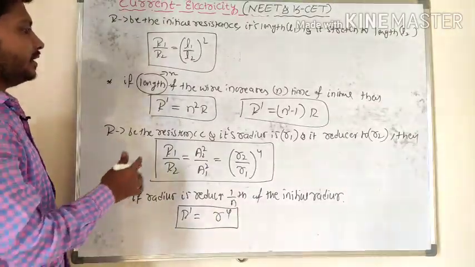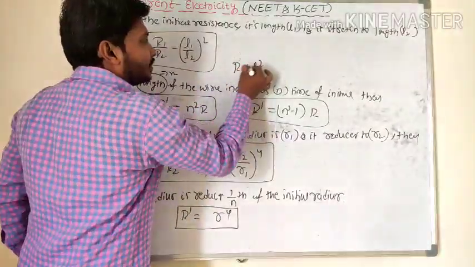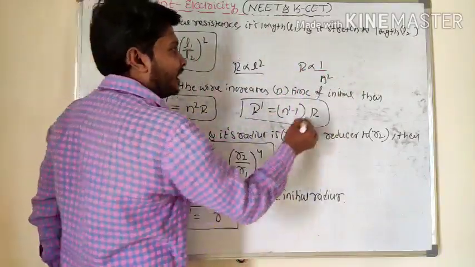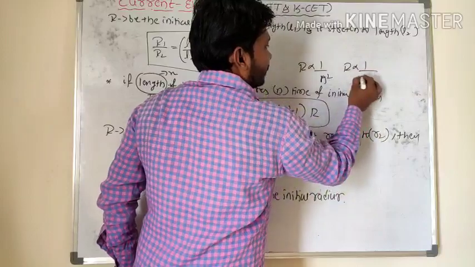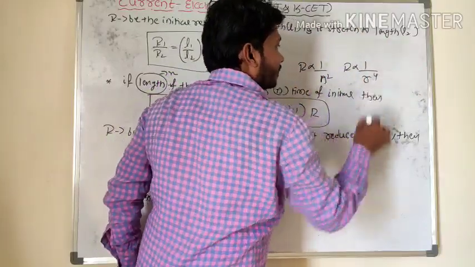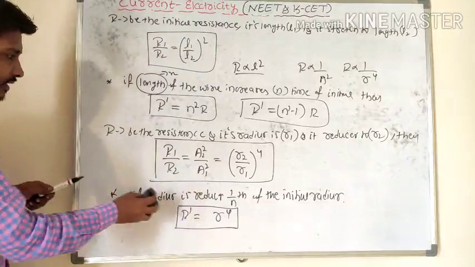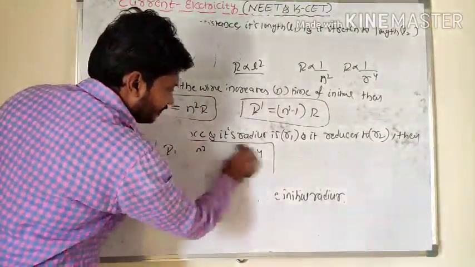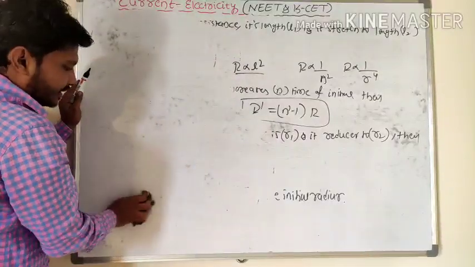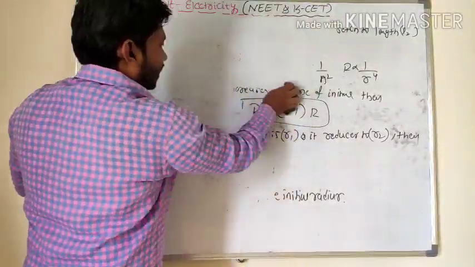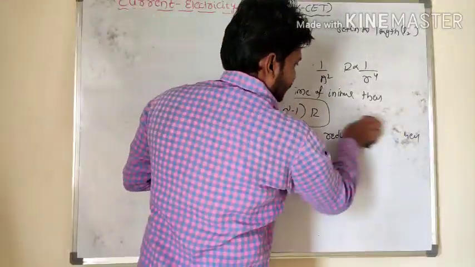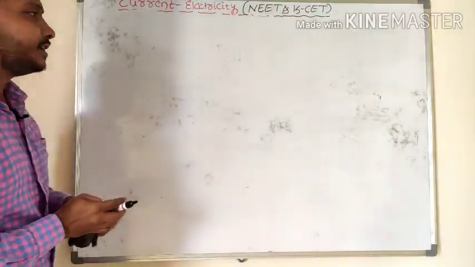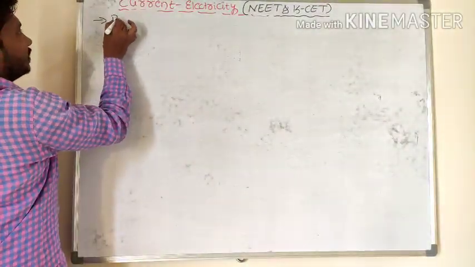Look here. Resistance is directly proportional to the square of the length and inversely proportional to the square of the area, that is, inversely proportional to pi R square whole square, R to the power of 4. Like that I will write the equation. Resistance in terms of percentage: if the length of the wire is stretched n times the initial one, or the radius of the wire is reduced n times the initial one, then what about the change in resistance in terms of percentage?